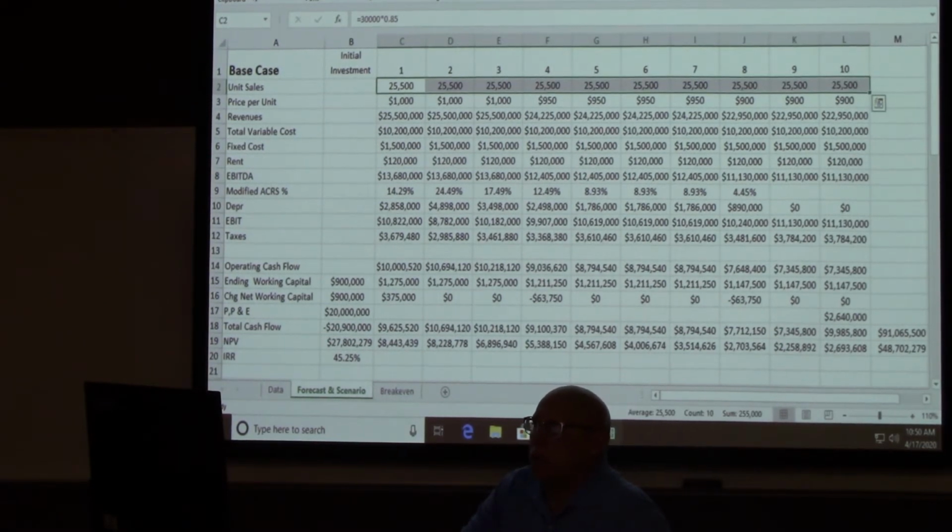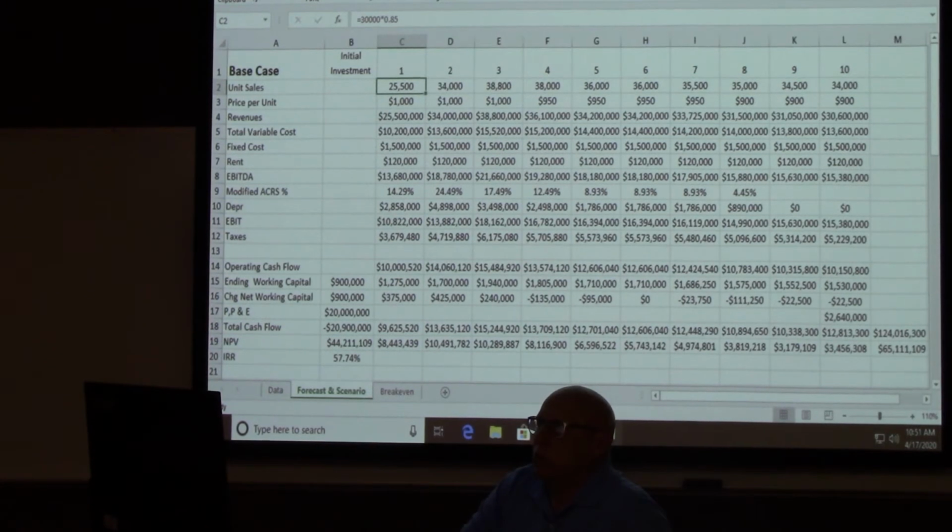Now it's 28 million. Okay? And our internal rate of return is 45%. So we're still under the base case scenario, a long, long way from having a problem. Okay? So let's change that back.